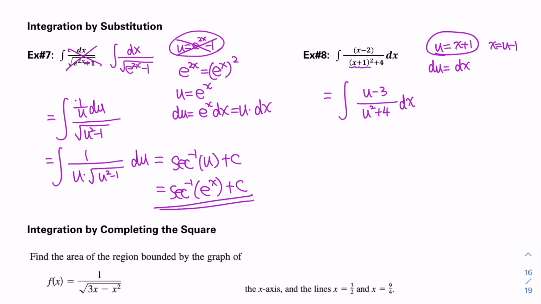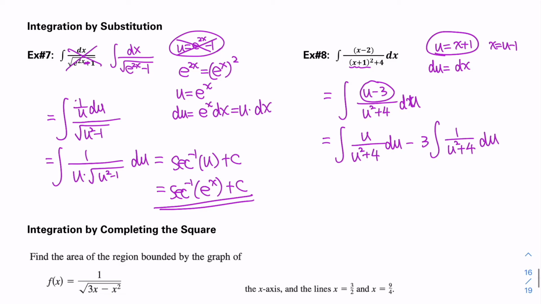So now if you look at this problem here, in the numerator we have two terms. We have u, we have a constant. So now we are going to split this into two parts. So this is the integral of u du over u squared plus 4, minus 3 times the integral of 1 over u squared plus 4 du.